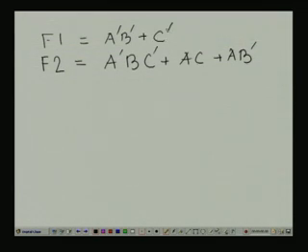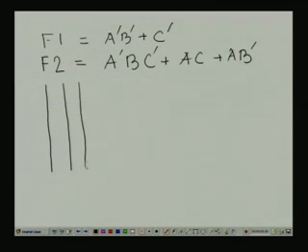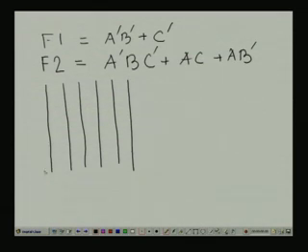There are 3 inputs here, A, B, C. If we draw the programmable AND plane, there will be 6 signal lines, because this is for A, this is A dash, this is B, B dash, and C, C dash.